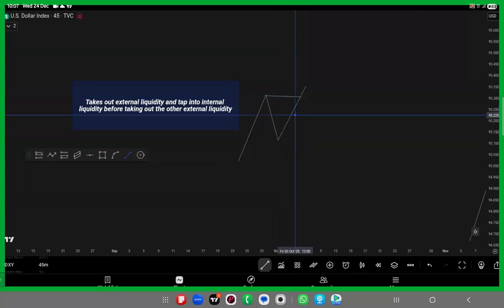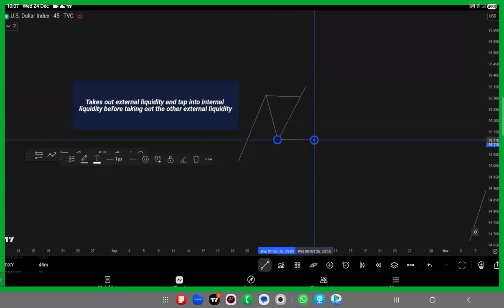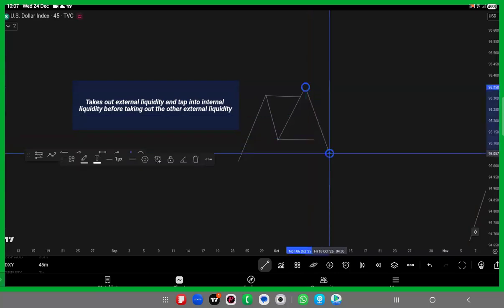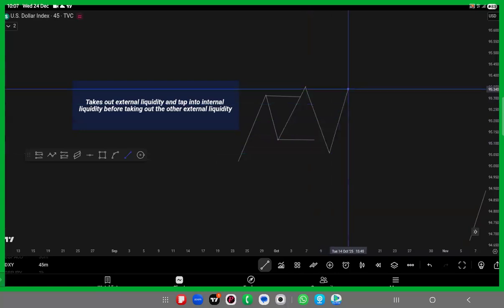Then by rejecting this particular level, a new liquidity will be created. So since the market has taken out this external liquidity, it needs to take out the other external liquidity, then tap into an internal liquidity before moving on to go and take out the other external liquidity.